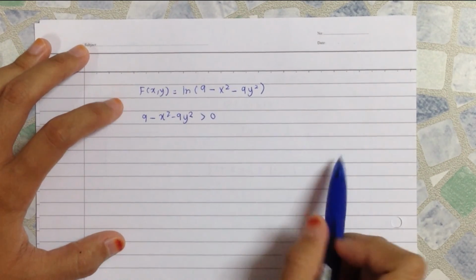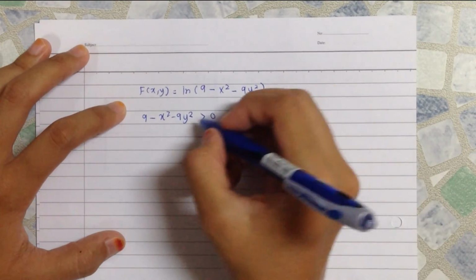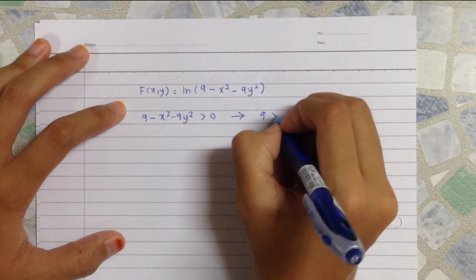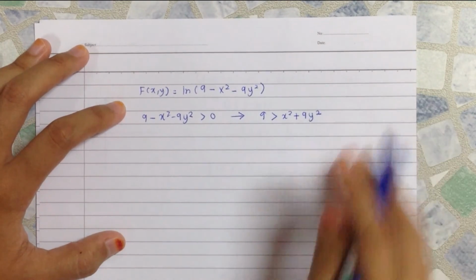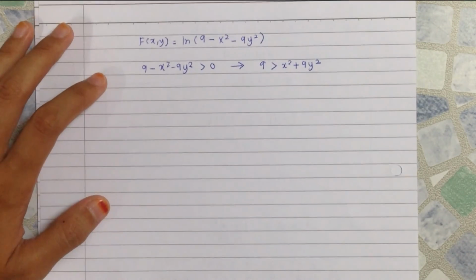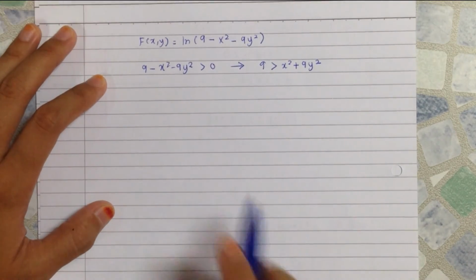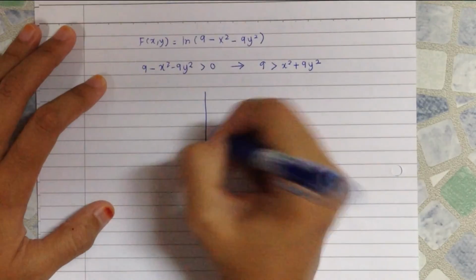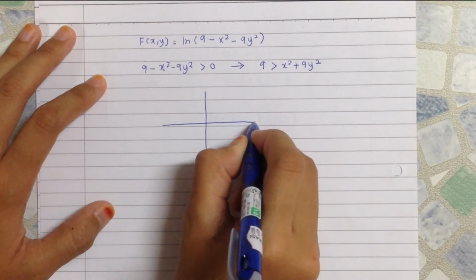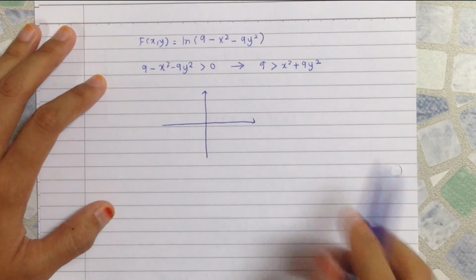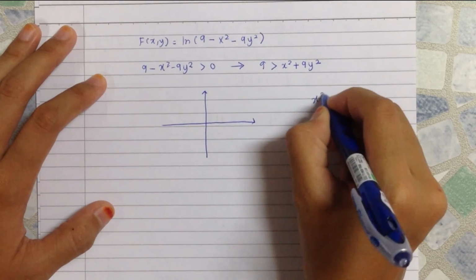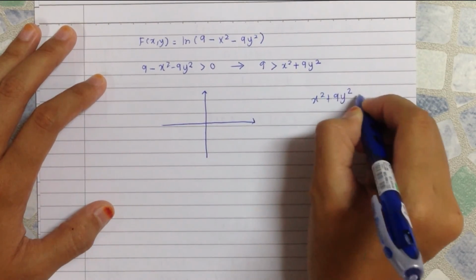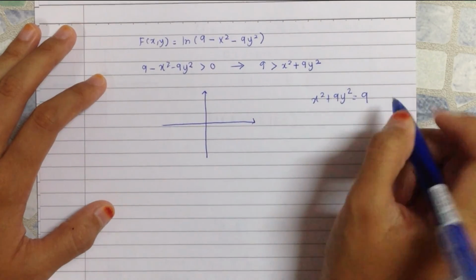So this is equivalently 9 is greater than x squared plus 9y squared. So let's try to draw these on the xy axis. So let's sketch the graph. So x squared plus 9y squared equal to 9 would get an ellipse.